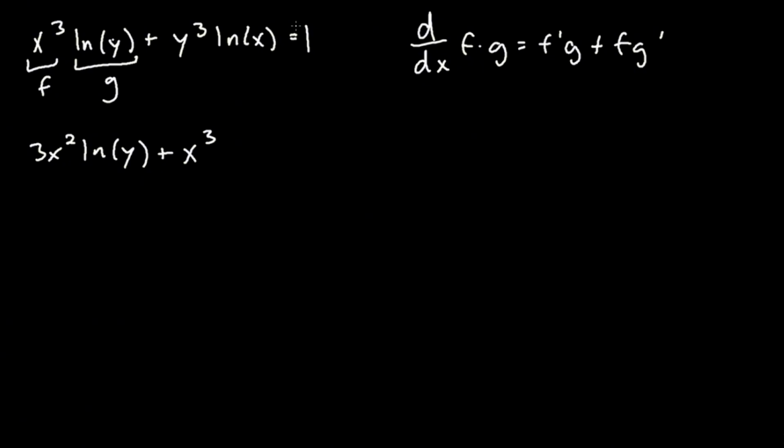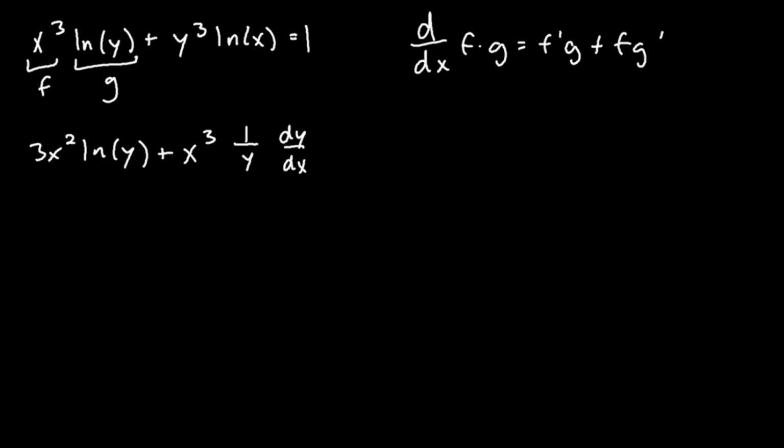The derivative of ln of anything is just 1 over what's inside the parentheses, times the derivative of the inner function, which is y. So remember chain rule: the derivative of the outer function, which is 1 over y, multiplied by the derivative of the inner function.